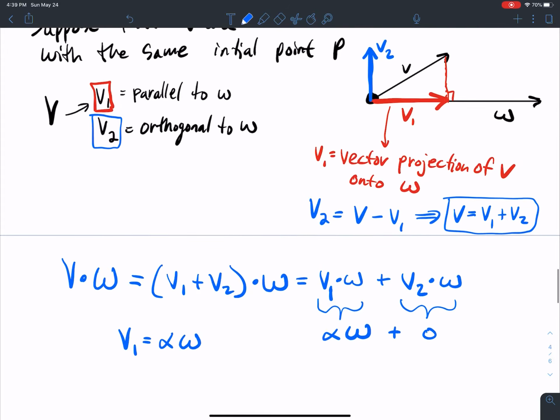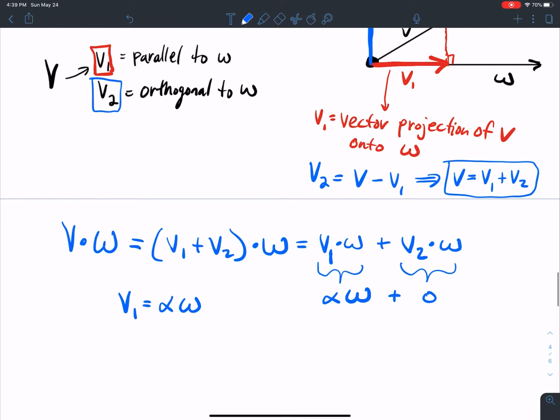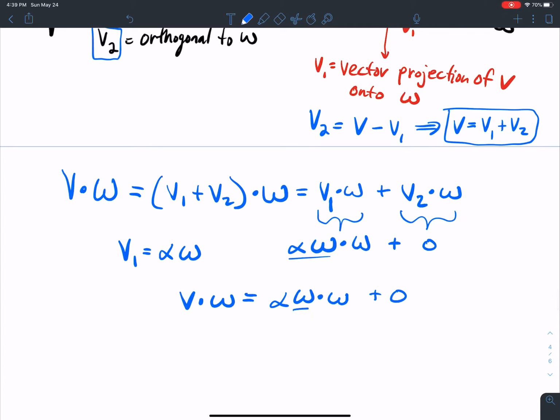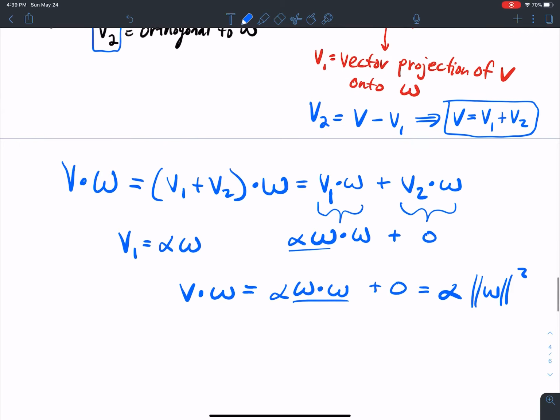So what does that tell me? Well, that tells me that V dot W equals alpha W dot W plus 0, since V1 gets replaced with alpha W. Now this W dot W is equal to the magnitude squared by our formula that we developed earlier.